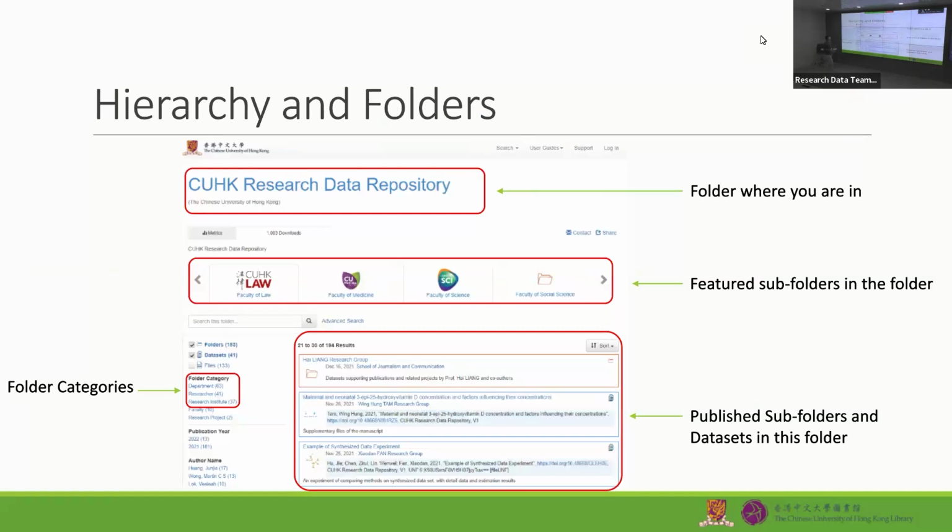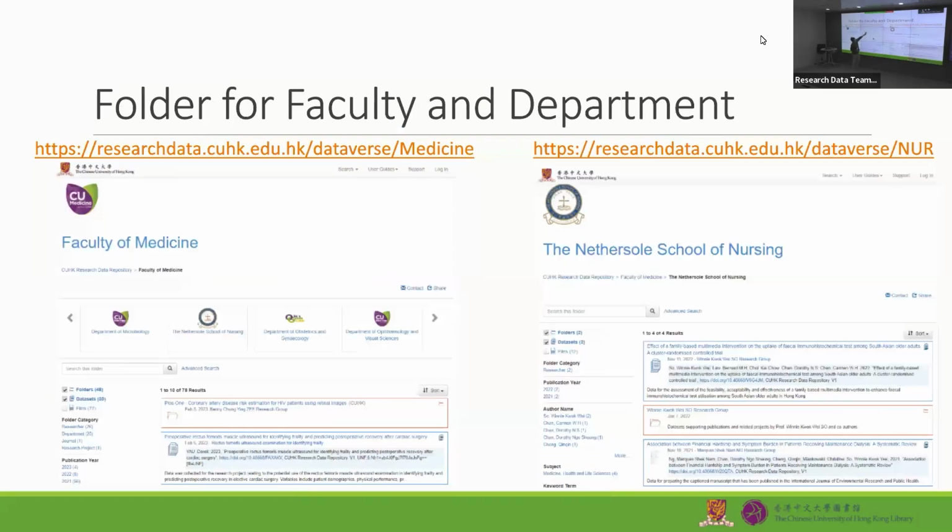And for this, you can see that here it tells you how to read the browsing page. So here you can see in which folder you are. So you are in the CUHK Research Data Repository folder, and here you can see you are in the nursing folder. And this is the faculty folder of medicine.